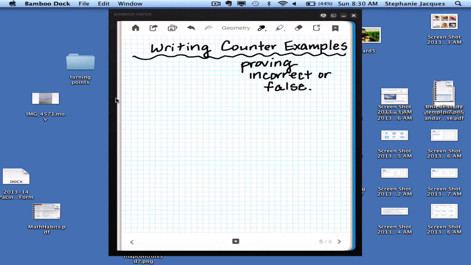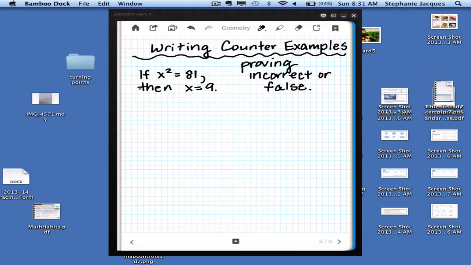So let's look at an example. If x squared equals 81, this is one of those conditional statements because we have the if, and then x equals 9. So immediately you might look at that and go, yeah, that's true.